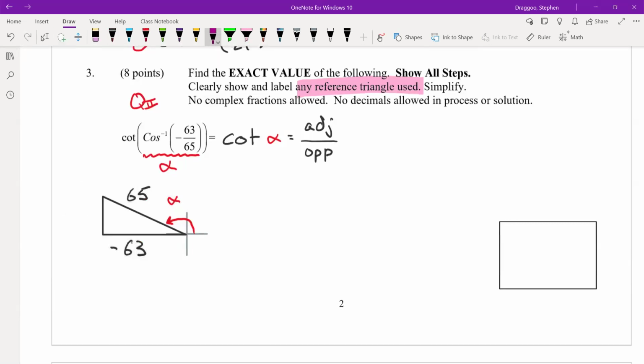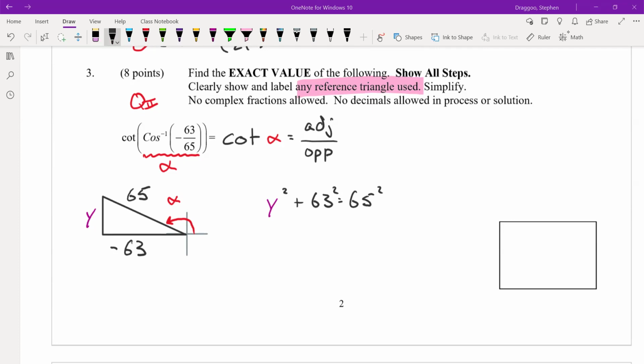So my missing side, I'll call that y. I can use the Pythagorean theorem to figure out what y is. So I'll start with y squared plus 63 squared is equal to 65 squared. And then I'll solve that for y.